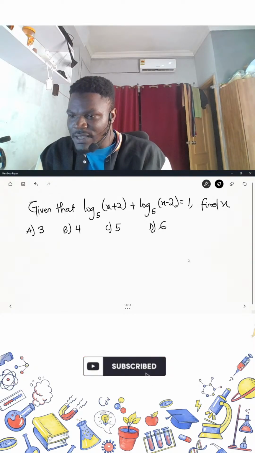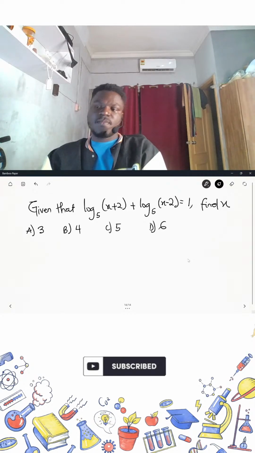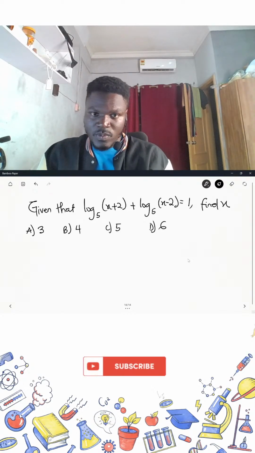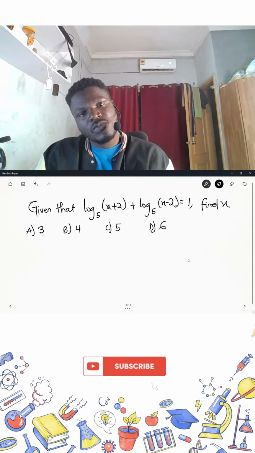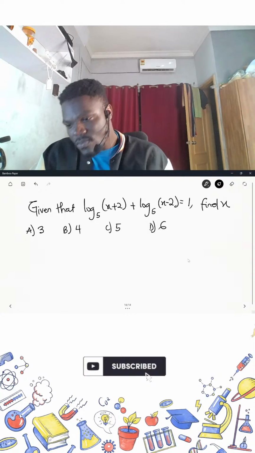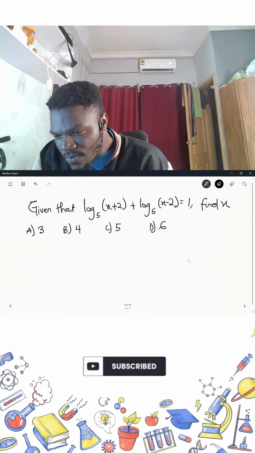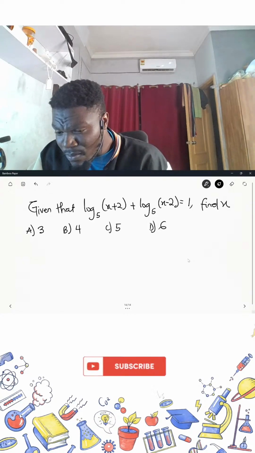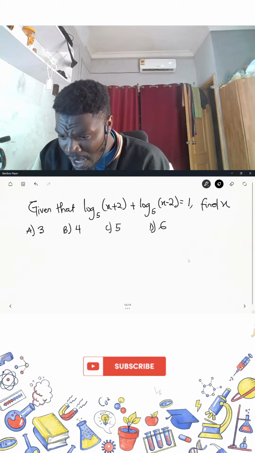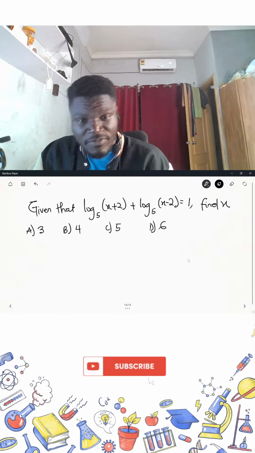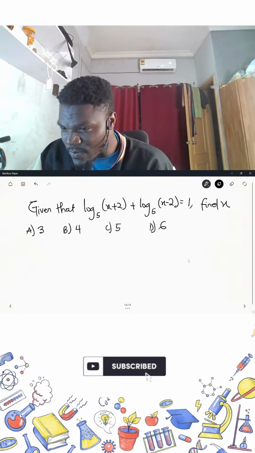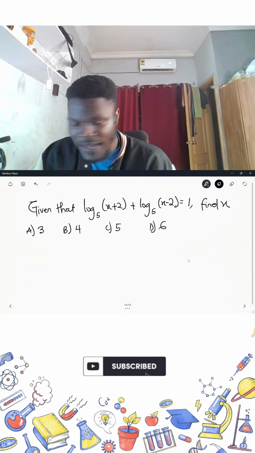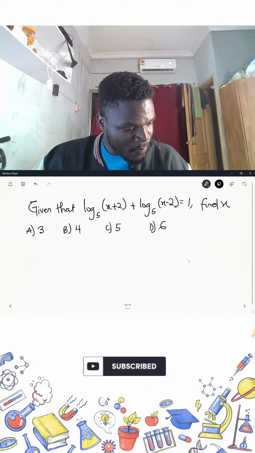Guys, anyone with the answer for me? Okay, so Krishna is saying root 5. Okay, I'm sure you are trying to say 5 because root 5 is not part of the possible options I have over here. So I'll take that as 5.